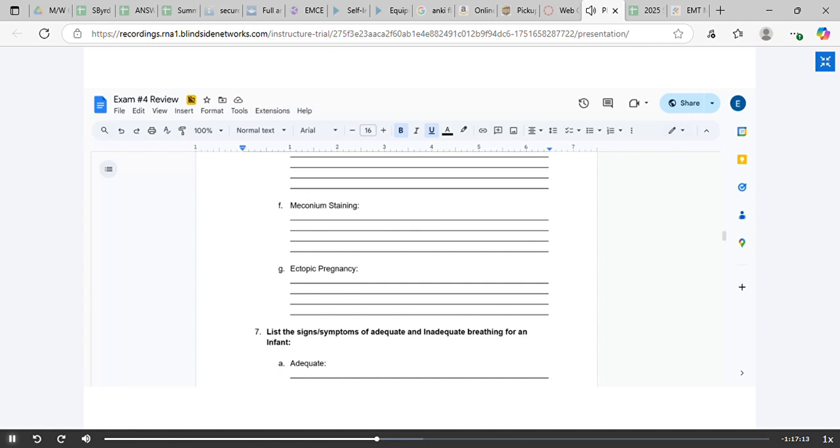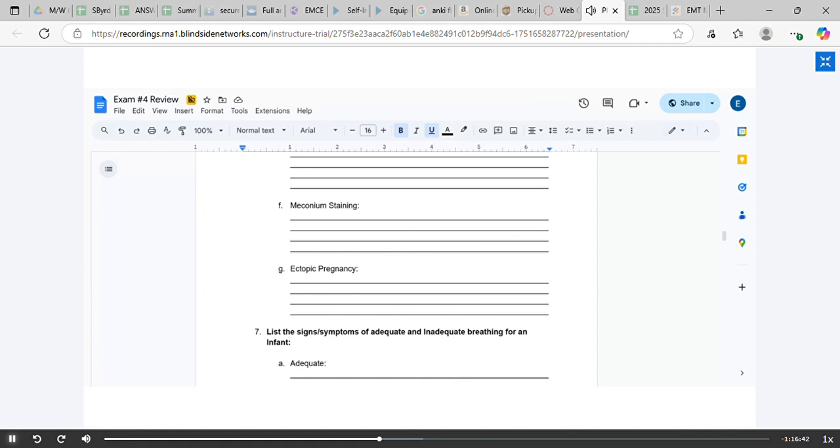So meconium itself, meconium is basically the baby's first bowel movement. Okay, that is what meconium is. It's a sticky, thick, dark green, blackish substance, which is normal for all babies. Okay, all newborns will have meconium because this is their body's first digesting things and all that kind of stuff.